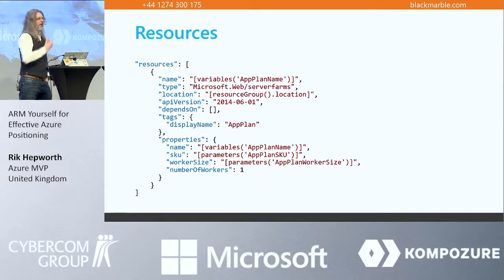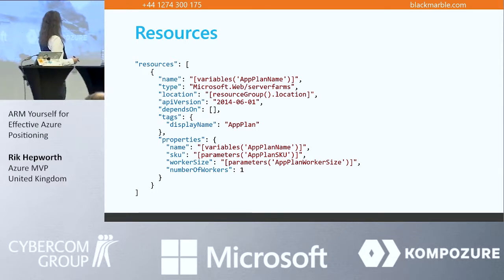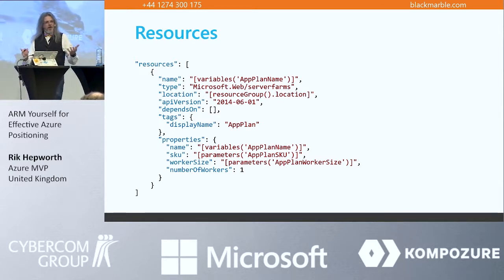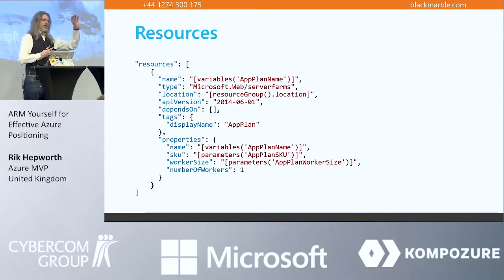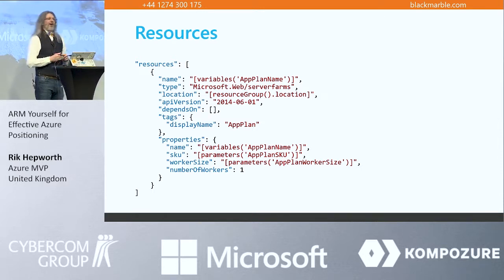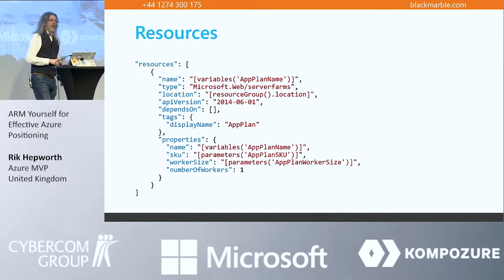Same thing if you're putting stuff in your template to deploy resources, a few top tips. You'll see at the top there that my resource has a name, which is a variable. Now when I'm looking at that in the editor, in Visual Studio, I get a really nice JSON viewer that I'll show you in a bit. And it's really hard to parse a template if I just have a list of resources whose name is variable something name.